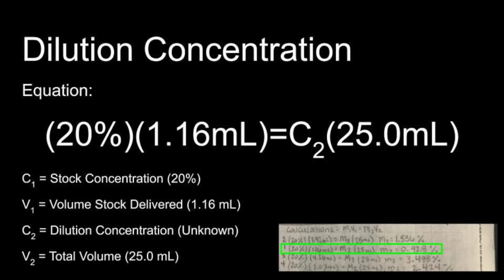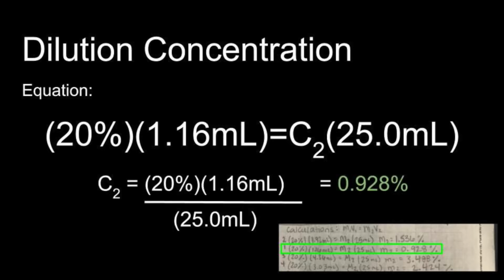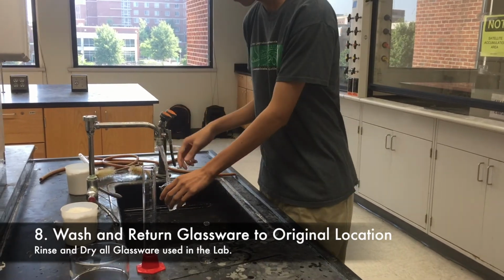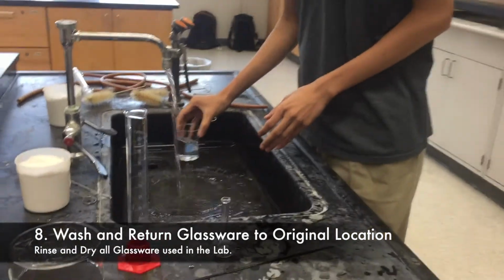Since we know the total volume of the volumetric flask is 25 milliliters, it can be substituted for V2. Therefore, we can solve for the final diluted concentration, C2, which is 0.928%.